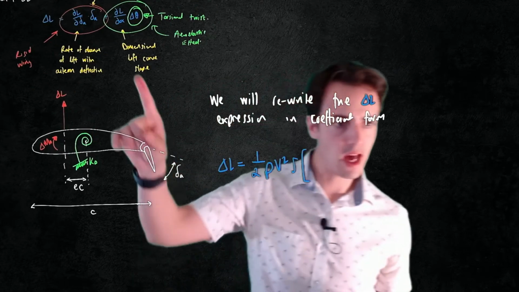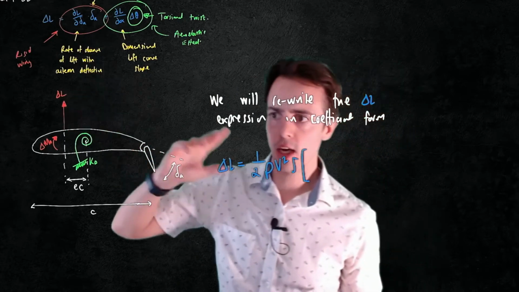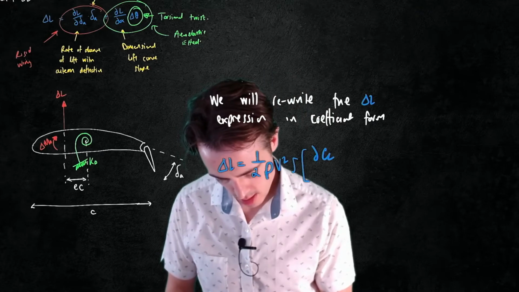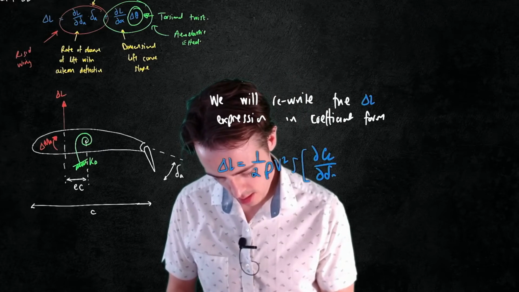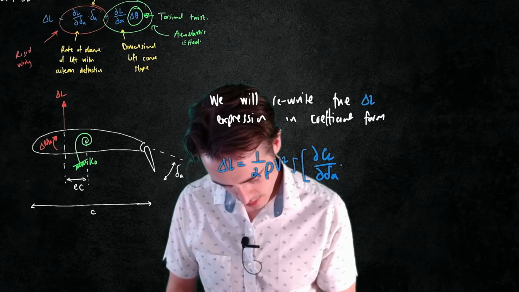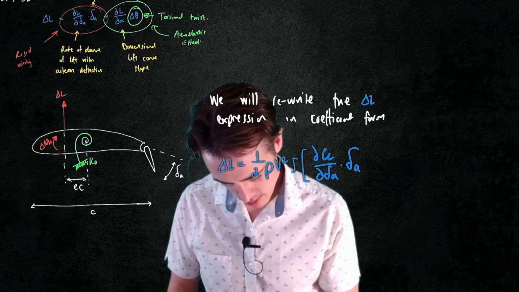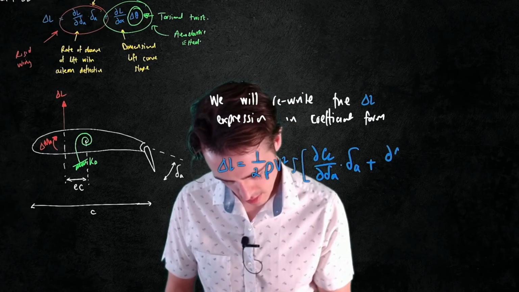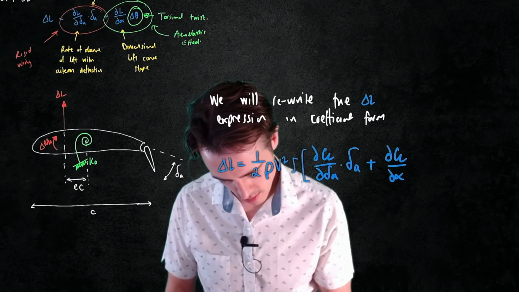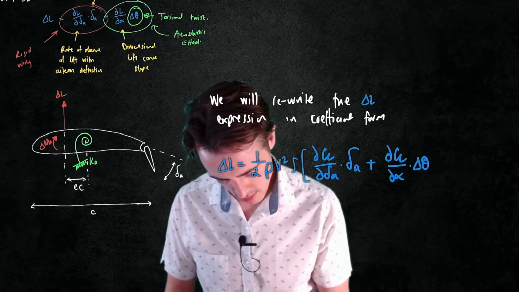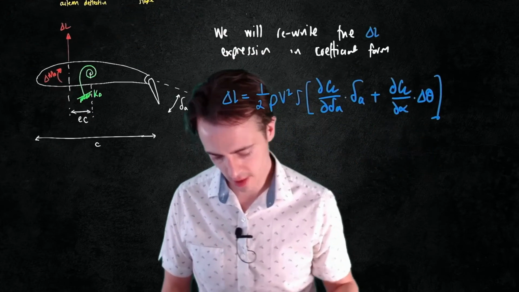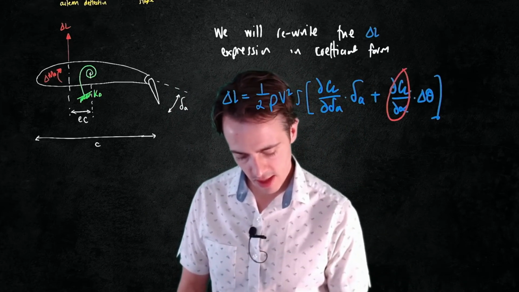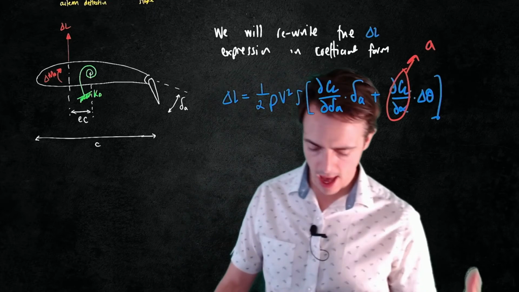So before we had dL by d delta A, I'm now going to have dCL by d delta A. Okay, so that's just taken the same expression we've had before, rewritten in coefficient form. dCL by d alpha is just the lift curve slope, which we say is a.